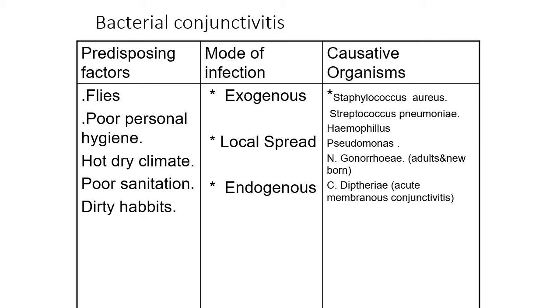These factors help the infection to establish as the disease is highly contagious. The causative organisms are Staphylococcus aureus. It is the most common cause of bacterial conjunctivitis and blepharoconjunctivitis. Staphylococcus epidermidis is an innocuous flora of the lid. It can also produce blepharoconjunctivitis.